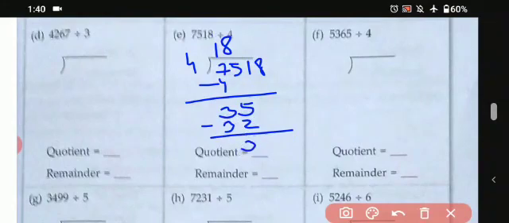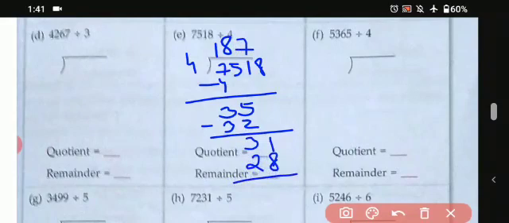So here we have written like this. That is 3. So we'll be writing again. The next digit comes here, 1. It becomes 31. Even 31 doesn't come in the 4 table. So we'll be writing a smaller multiple, that is 28. It comes 7 times. 4 sevens are 28. 31 minus 28 is 3.